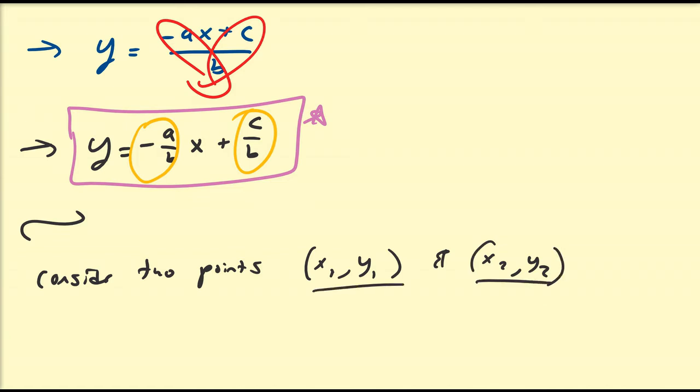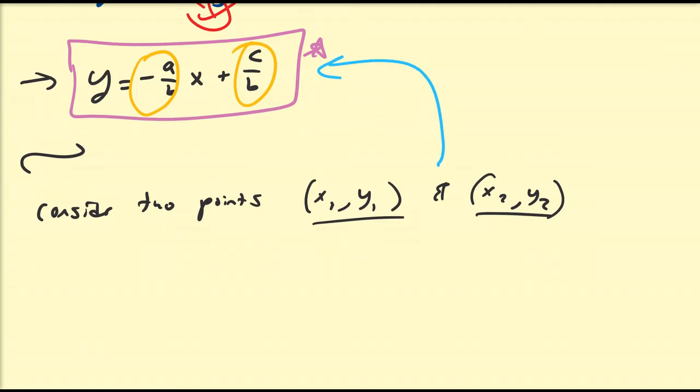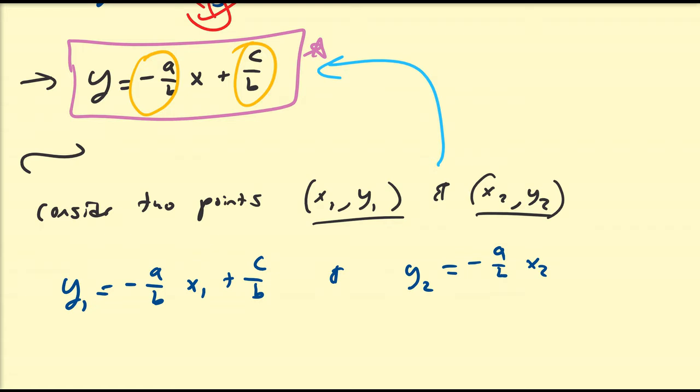I'm going to take these and substitute them into this equation. Once I do that, I get two equations: y1 = (-a/b)x1 + c/b, and y2 = (-a/b)x2 + c/b.